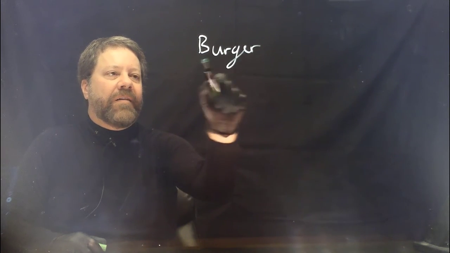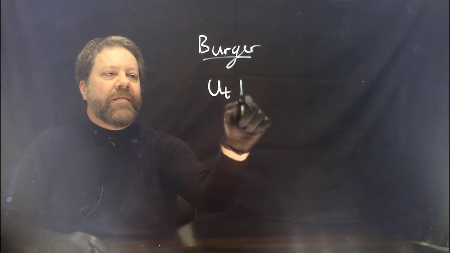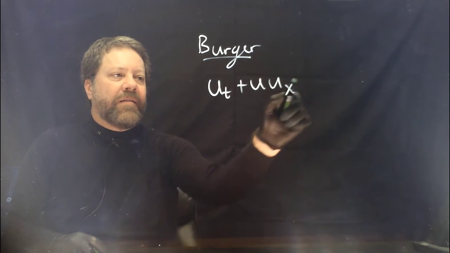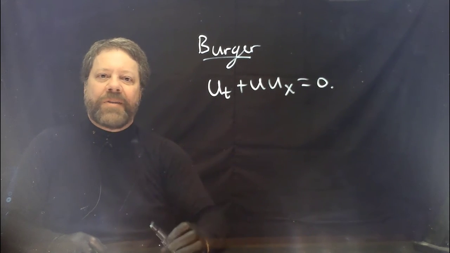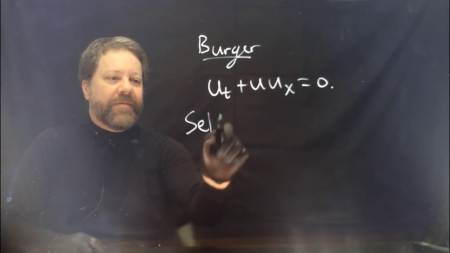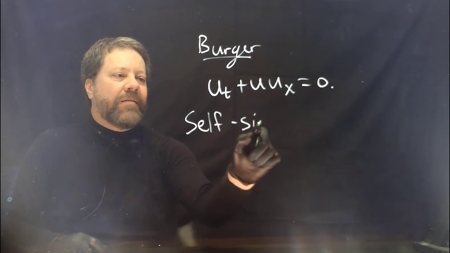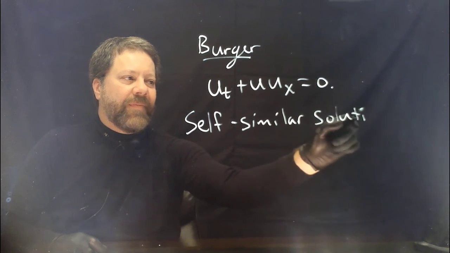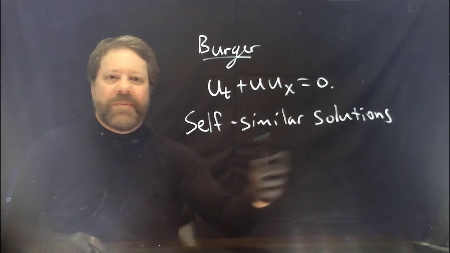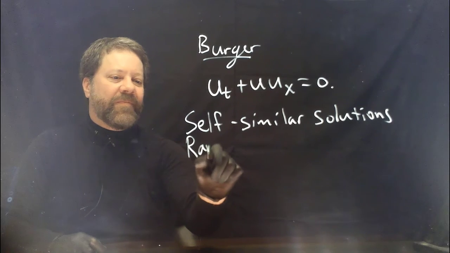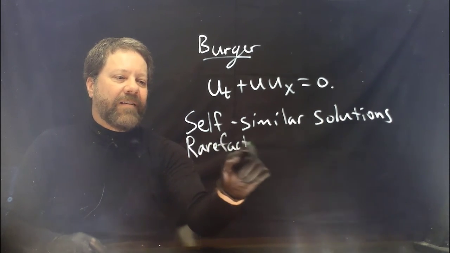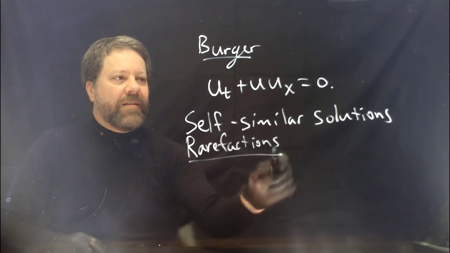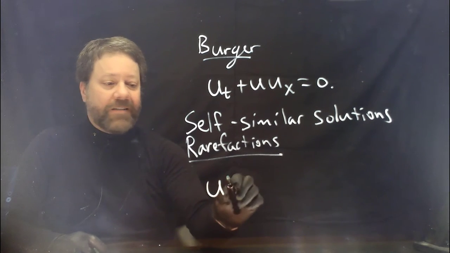Burger's equation, the inviscid Burger's equation, has what are called self-similar solutions, or sometimes rarefaction waves. They might look something like this.